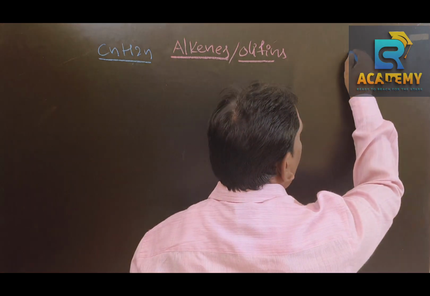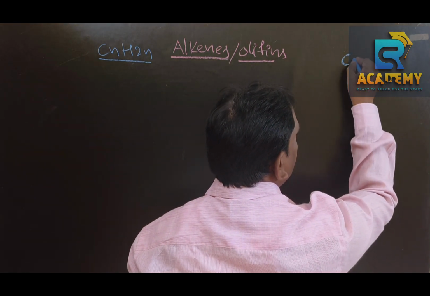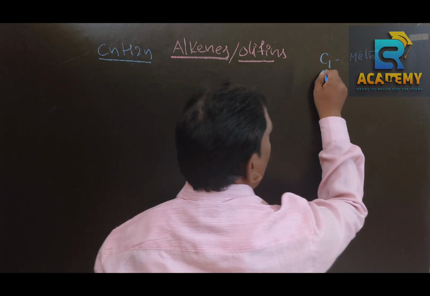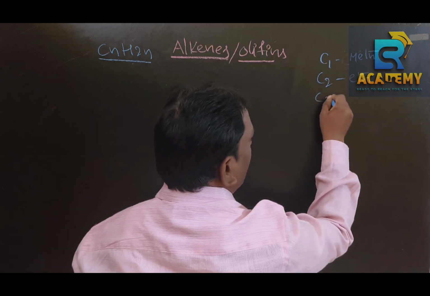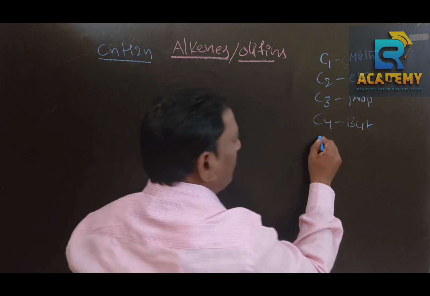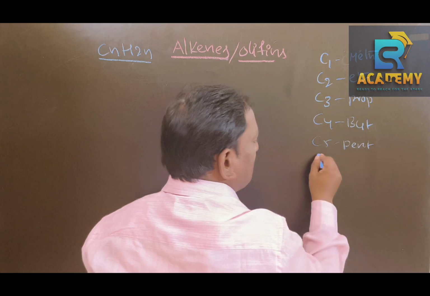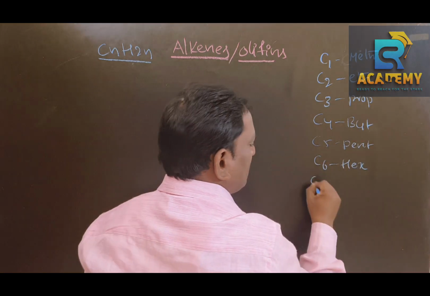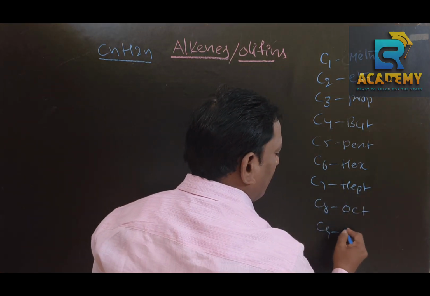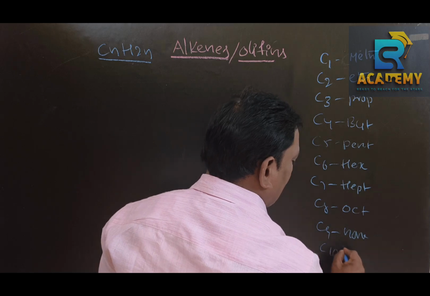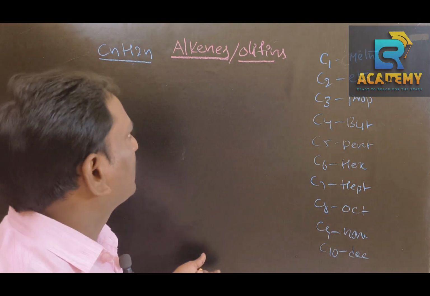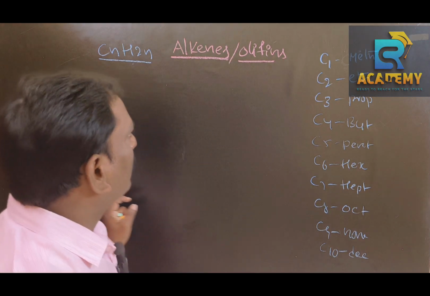If any hydrocarbon consists of only one carbon atom, that is called meth. 2 carbon atoms, eth. 3 carbon atoms, prop. 4 carbon atoms, but. 5 carbon atoms, pent. 6 carbon atoms, hex. 7 carbon atoms, hept. 8 carbon atoms, oct. 9 carbon atoms, non. 10 carbon atoms, dec.